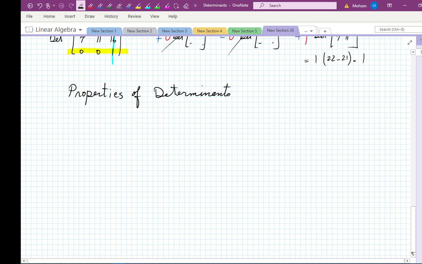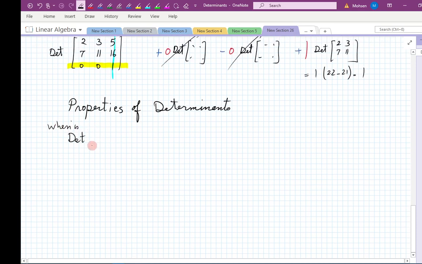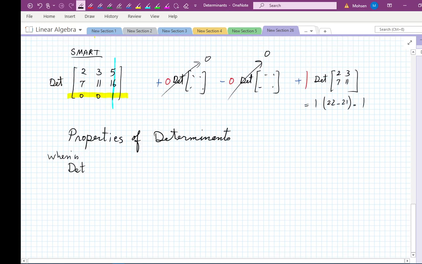So the way we are using it is the following. We need some indicators that tell us when the determinant of a matrix is zero. So the question is, when is the determinant of some matrix, let's call it matrix M, zero?